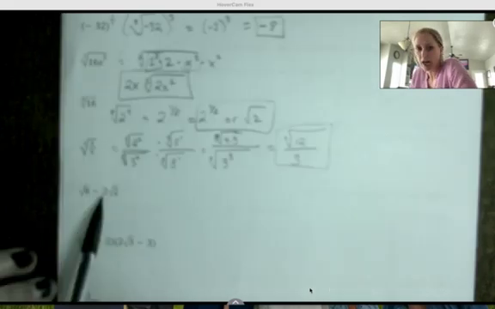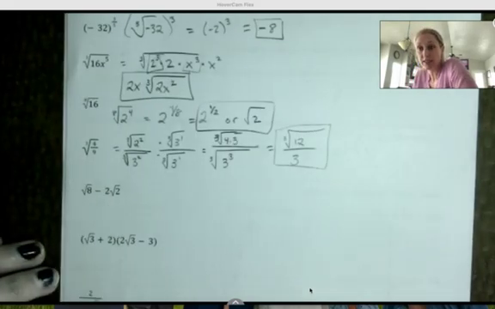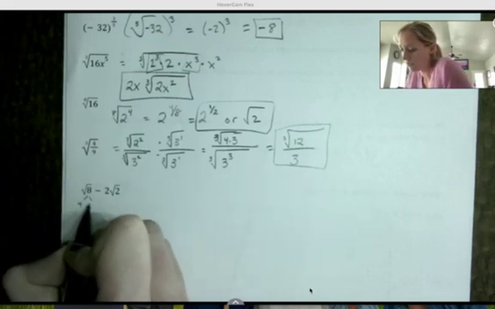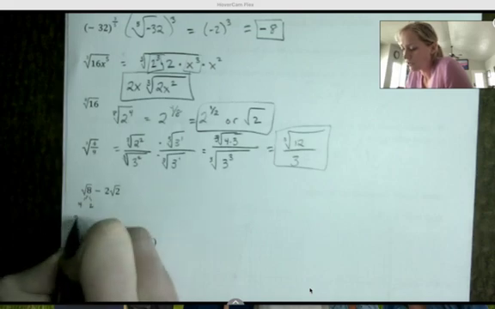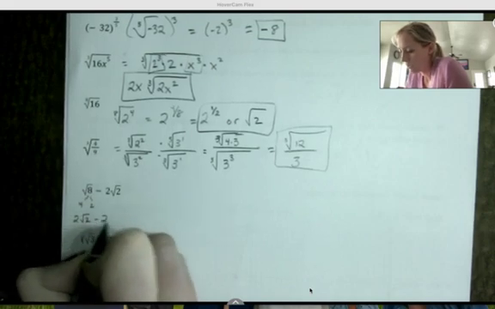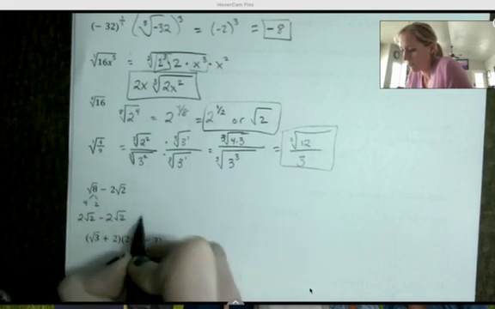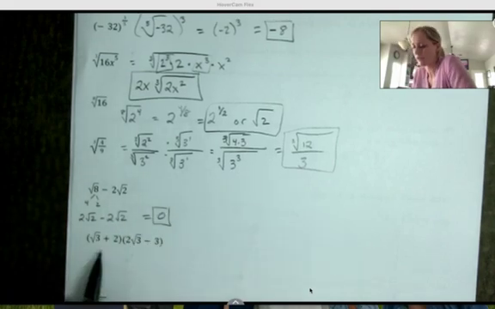When we add or subtract radical expressions, the radicand must match. So I'm going to break this one down. This I can break into 4 and 2. The square root of 4 is 2. And that's just going to be 0. Going to cancel.